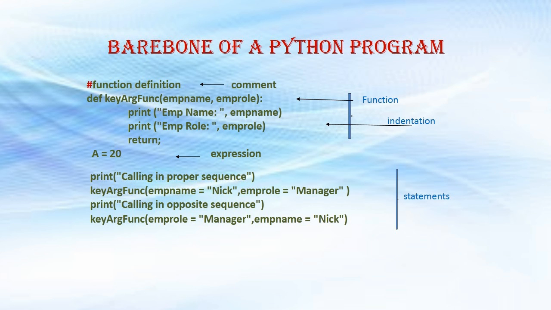You can see that print and return are in the same indentation, so they make a block of statements. Now a equals 20, this is an expression, and print calling in proper sequence, function call, these are the different statements.